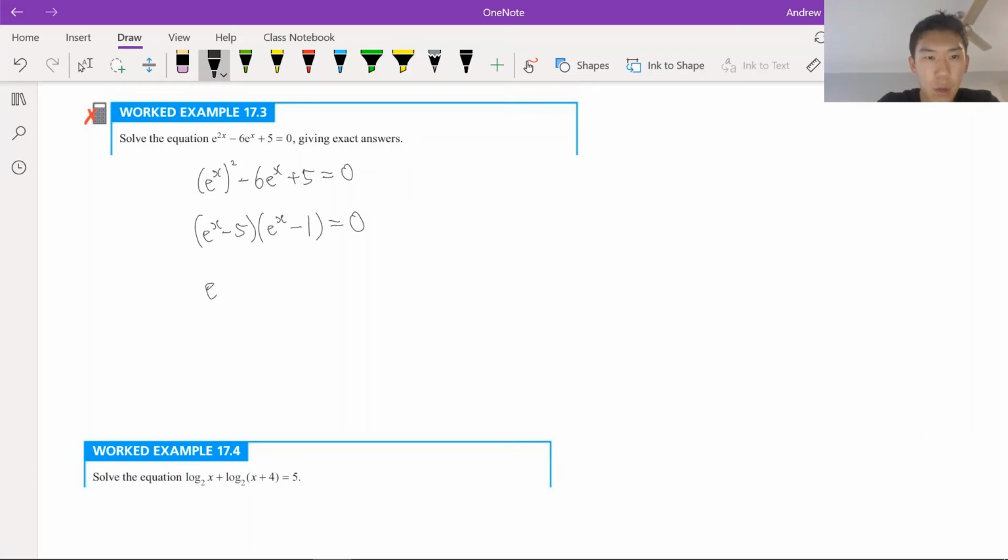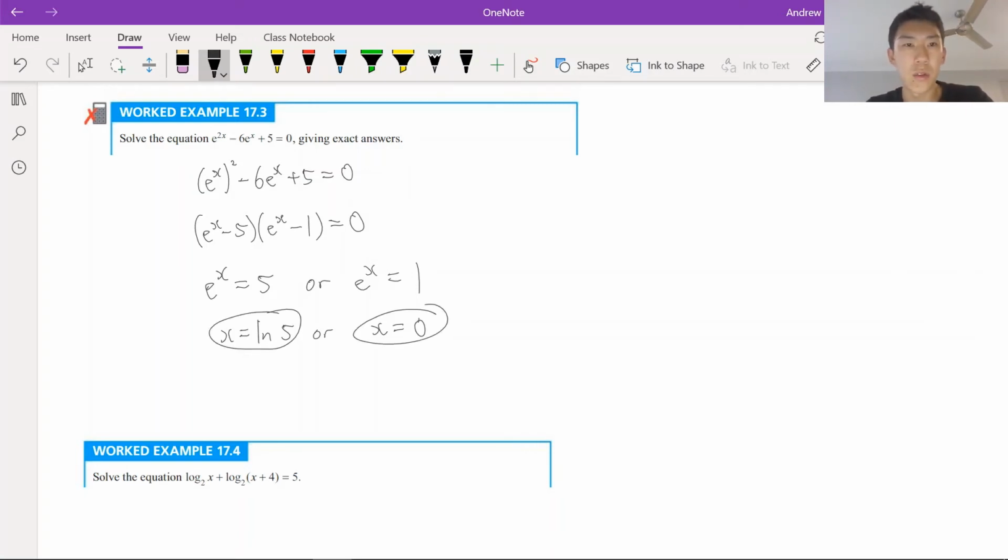Using the null factor law, so handy. e to the x equals 5 or e to the x equals 1. So that means ln both sides for both equations. We get x equals ln 5 or x equals, well, what's ln 1? 0. So x equals 0. There we go, there's our two solutions.